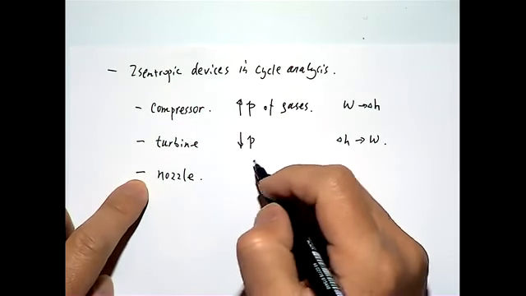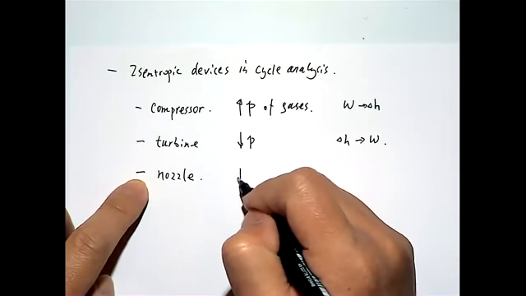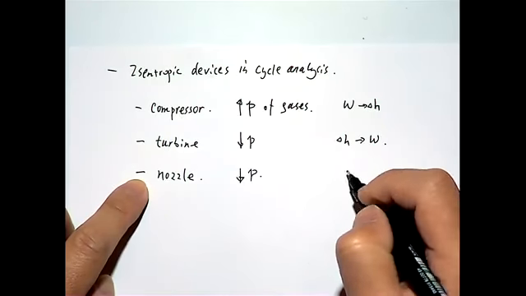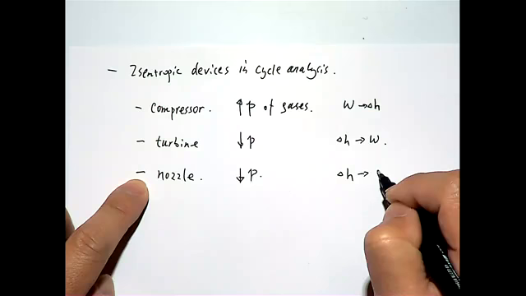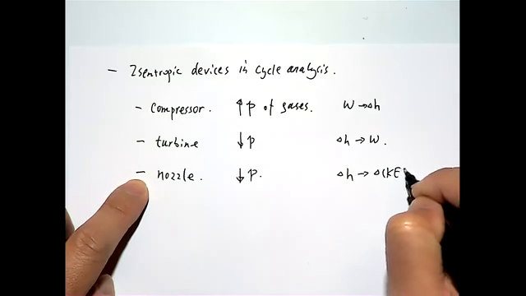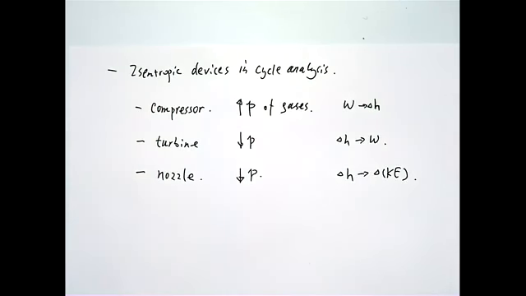It will drop the pressure, but the purpose is to convert the enthalpy to kinetic energy, to produce high velocity gas at the exit of the nozzle, so that it can produce a thrust to propel the aircraft, right?